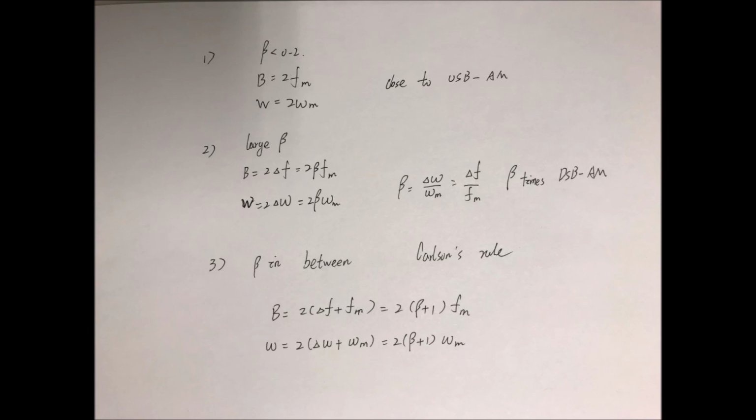As we know, beta is delta omega over omega m, or delta f over f m.